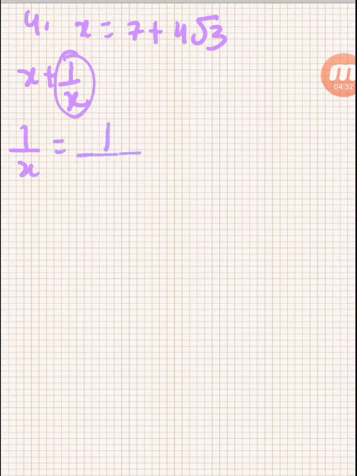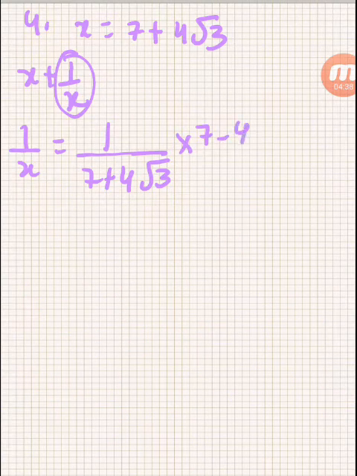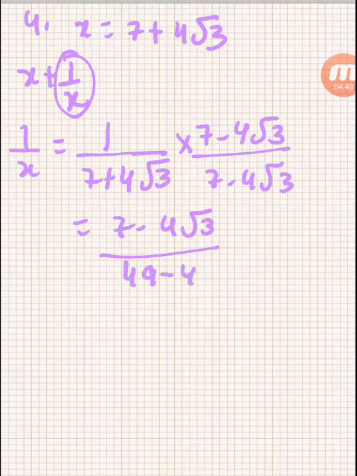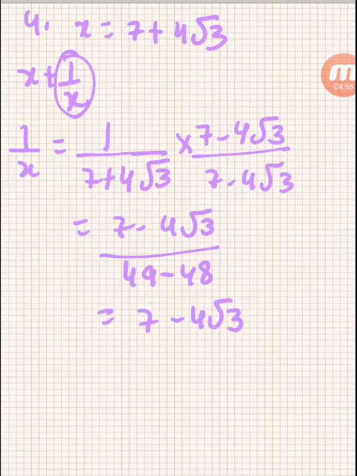So 1 by x will be 1 upon 7 plus 4 root 3, right? And now multiplying it by 7 minus 4 root 3 upon 7 minus 4 root 3. So this will be equal to 7 minus 4 root 3 upon 49 minus 48, and 49 minus 48 is 1. So 1 by x we have.